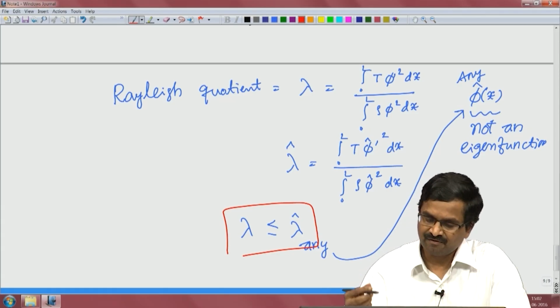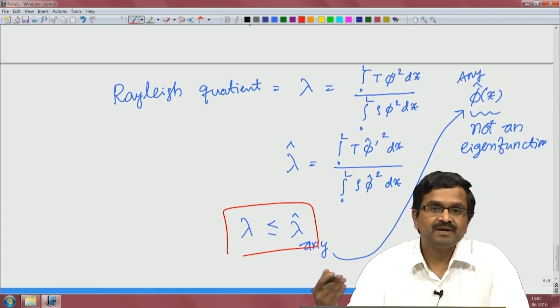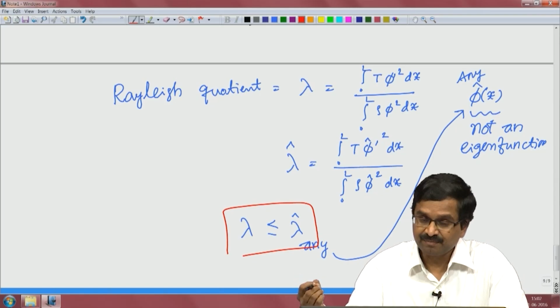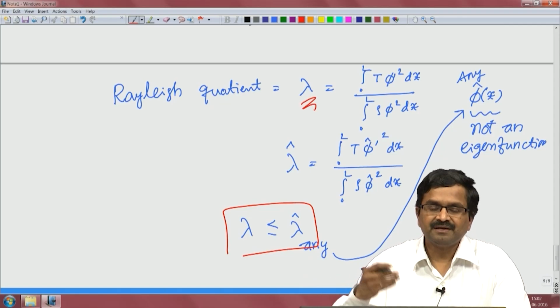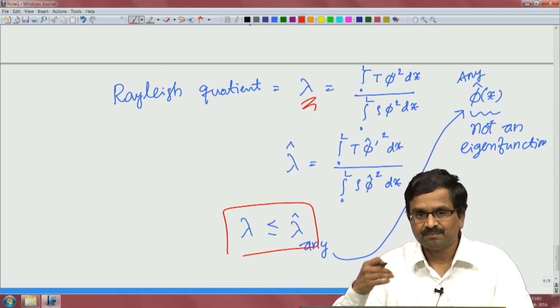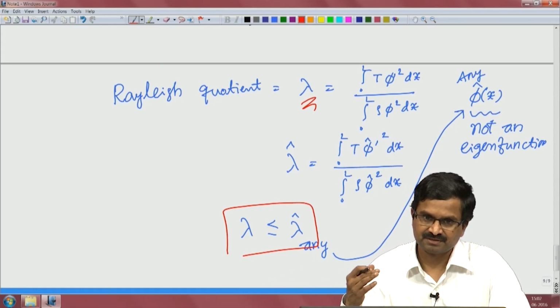Okay. So, when you have the Rayleigh quotient, you can guess some phi, and you will get some lambda. That lambda you can consider is larger than the real lambda, the fundamental frequency. But then there are several lambdas, so we can propose a theorem that considers that.